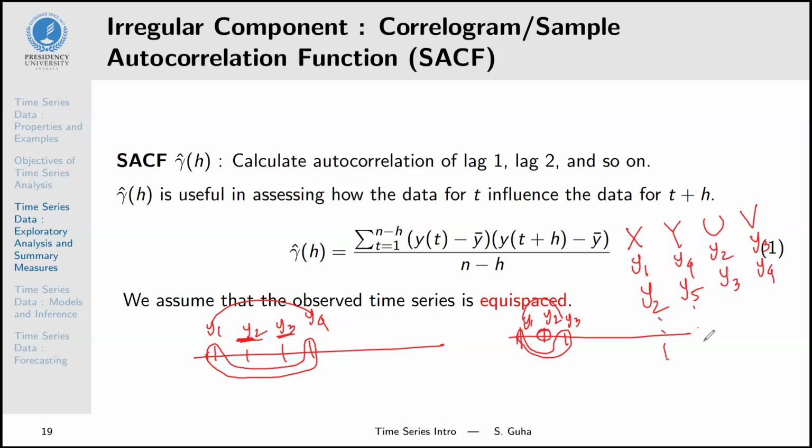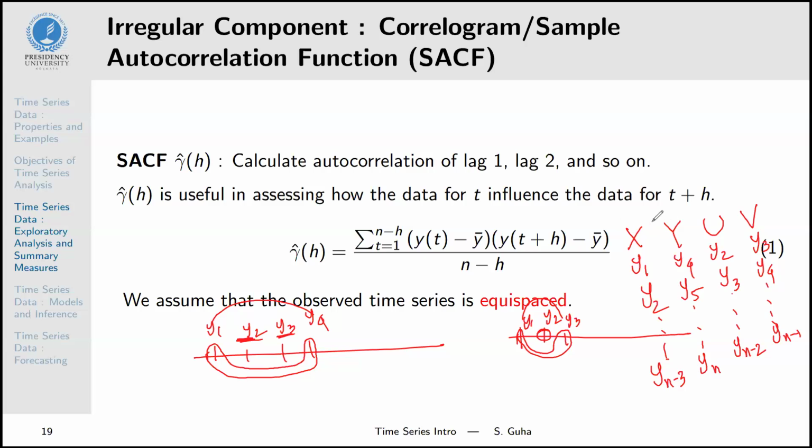And suppose if we keep on writing in this manner, we finally get yn minus 3, yn, this is yn minus 2, this is yn minus 1.